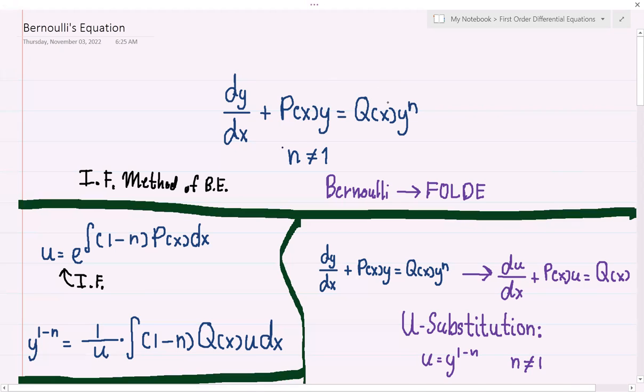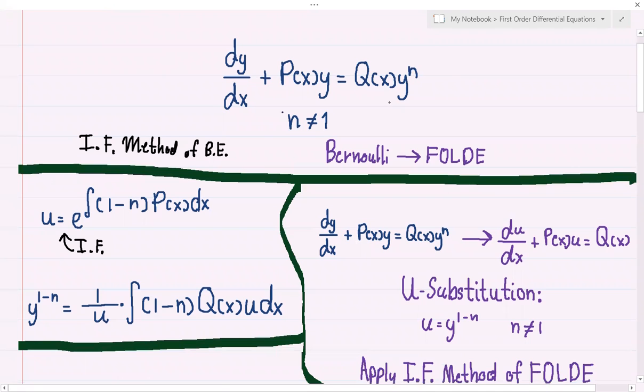There are two methods on how you would solve a Bernoulli's equation. I do not know if there would be one more solution or method for that or other techniques, but either way I'm going to discuss both of them. The first is the common one, which is the integrating factor method of a Bernoulli's equation. There are two formulas you need to know.